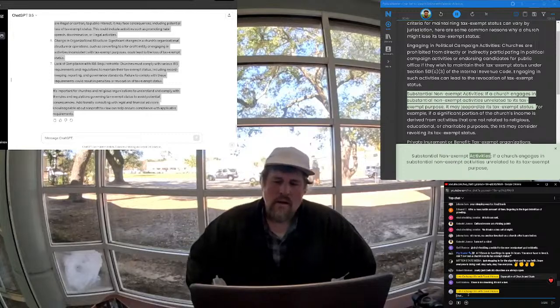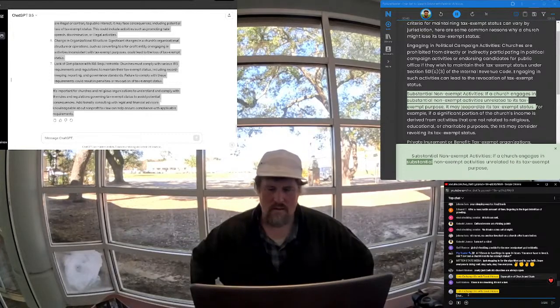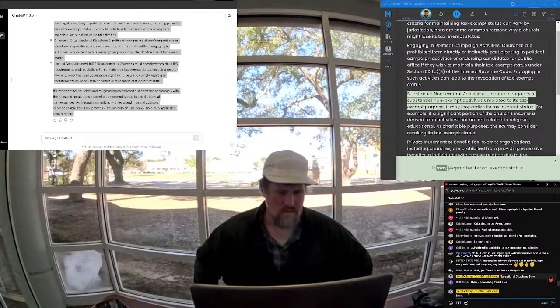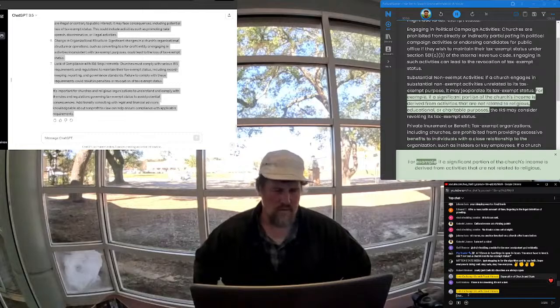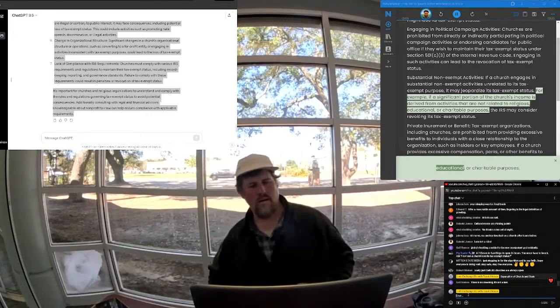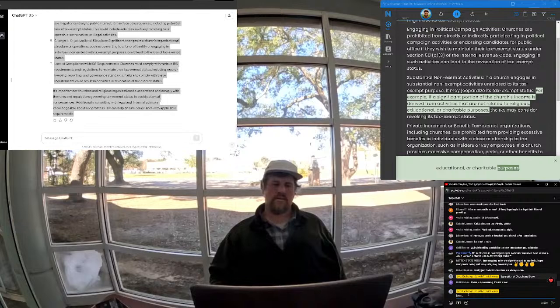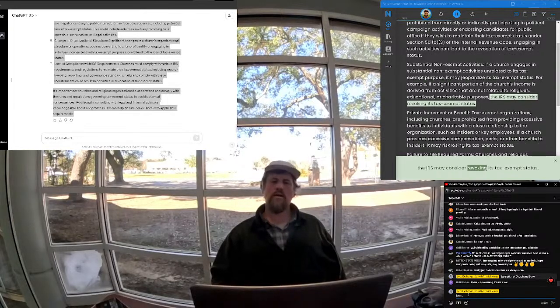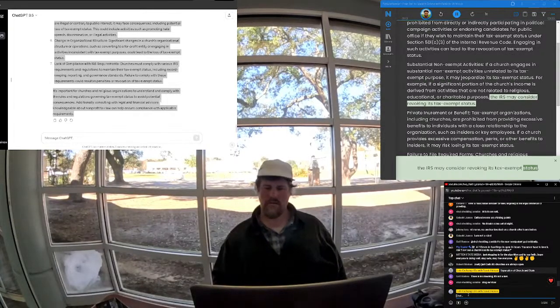Substantial non-exempt activities. If a church engages in substantial non-exempt activities unrelated to its tax-exempt purpose, it may jeopardize its tax-exempt status. For example, if a significant portion of the church's income is derived from activities that are not related to religious, educational, or charitable purposes, the IRS may consider revoking its tax-exempt status.